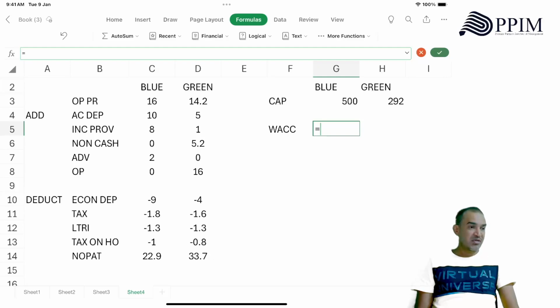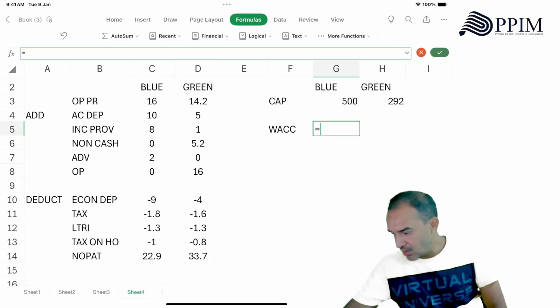So since the post-tax cost of debt is given, you don't have to deduct the tax part. You can take it as it is, 8%. Ratio of the market value of debt to equity 1:3.